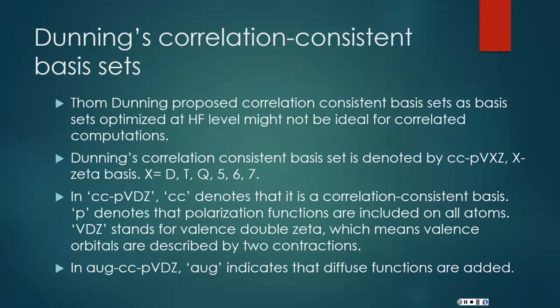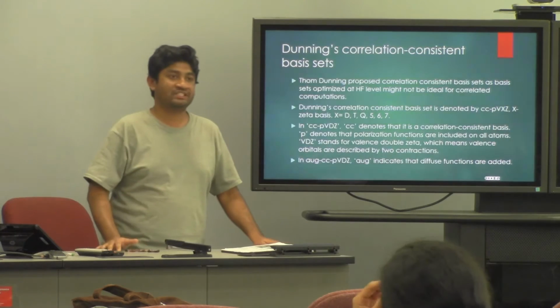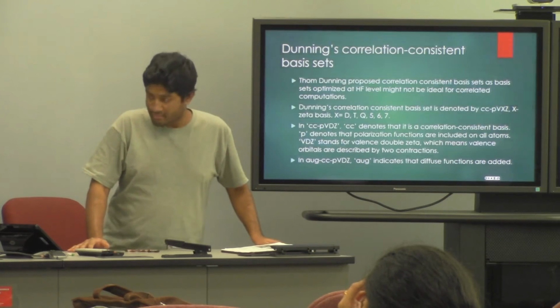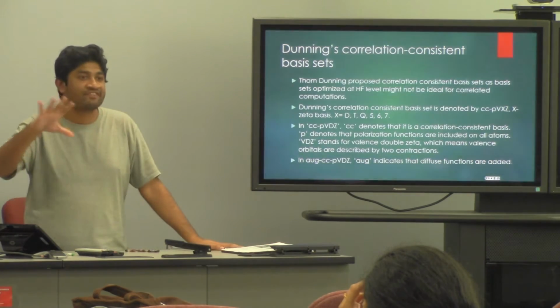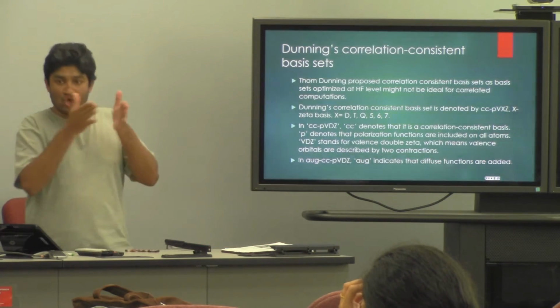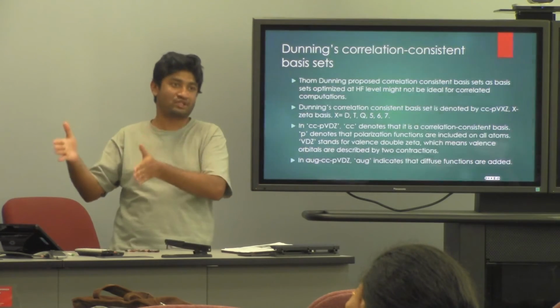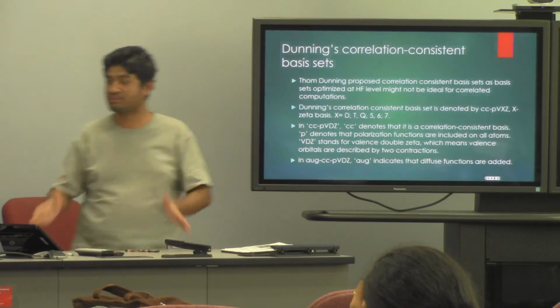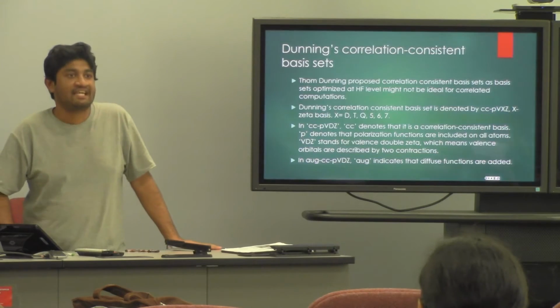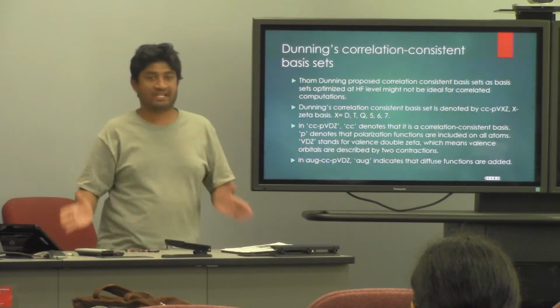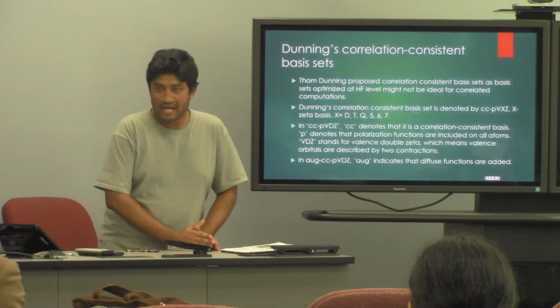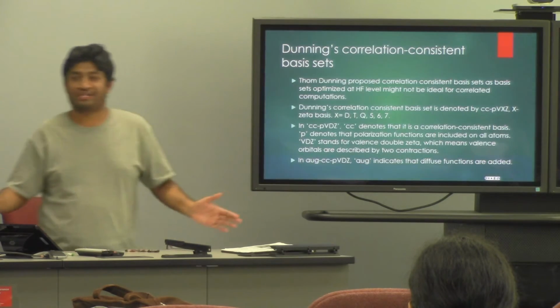Dunning's correlation consistent basis sets. Thom Dunning proposed correlation consistent basis sets, as basis sets optimized at the Hartree-Fock level may not be ideal for correlated computations. Dunning's correlation consistent sets are generally denoted by cc-pVXZ. CC denotes correlation consistent, P means polarization functions are added on all atoms, and VDZ means valence double zeta, which means the valence orbitals are described by 2 contractions.